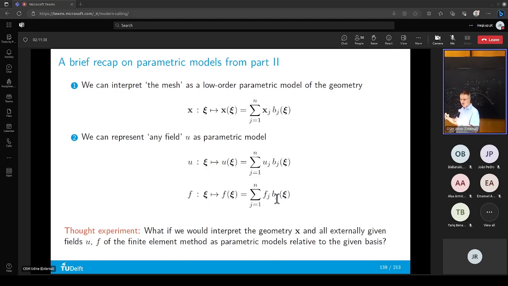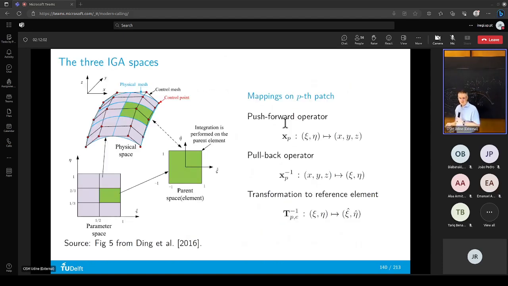So don't make the artificial distinction between there's a mesh and there's a solution. It's all the same. It's just a different coefficient. But it's all the same relative to the same, or in practice, nested basis. Very often you have a finer basis for the solution than for the geometry. Then this basis is nested in that. And that is what IGA is about.